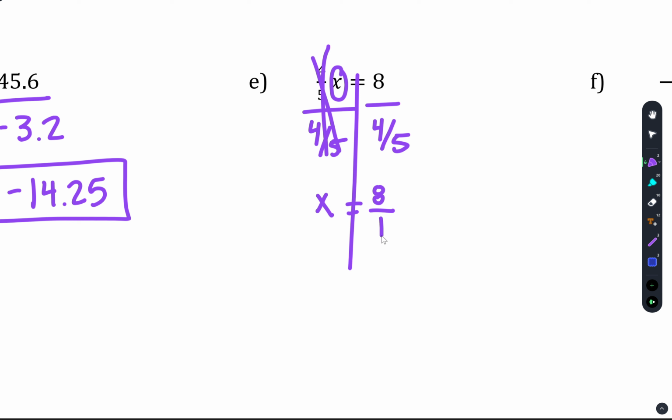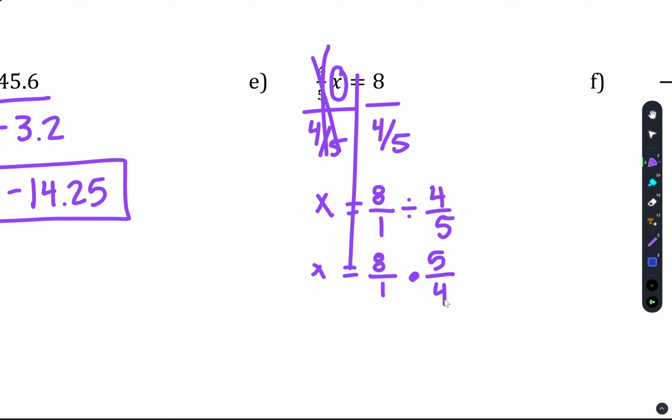Perfect. Divided by 4/5. And then just like Layla just told me, I have to multiply by that reciprocal. Remember, keep, change, flip. I'm going to keep my first fraction the same. I'm going to multiply, so change my sign to multiplication. And then I'm going to flip that second fraction.